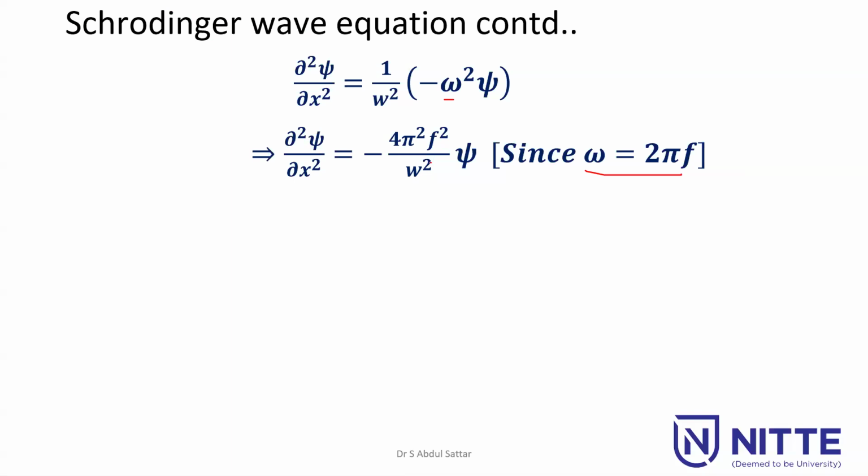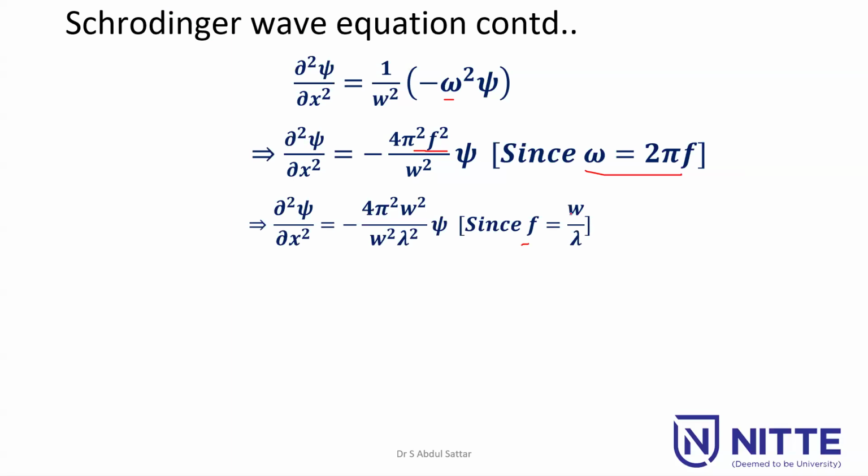We know f, the frequency, equals velocity by wavelength. So in case of matter waves, the frequency of matter waves equals the velocity of matter waves by the wavelength of matter waves. So we can write f equal to w by λ, where w is the velocity of the matter wave. So replace f with w by λ.